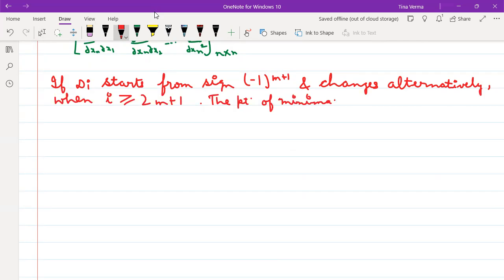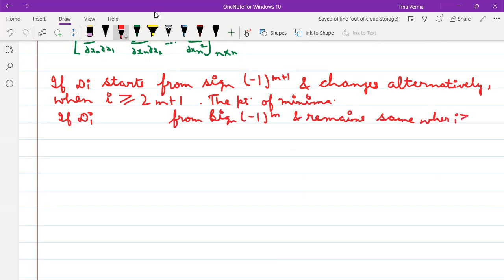If Di starts from sign (-1)^m and remains the same, where i is greater than or equal to 2m+1 and m is your number of constraints here, then we have the point of maximum. अब यहाँ पे आपको D1 से स्टार्ट नहीं करना है, D2 से भी स्टार्ट नहीं करना है, you have to start only from i equal to 2m+1. मतलब जो आपको D निकालने हैं वो आपको 2m+1 से निकालने हैं, ठीक है?